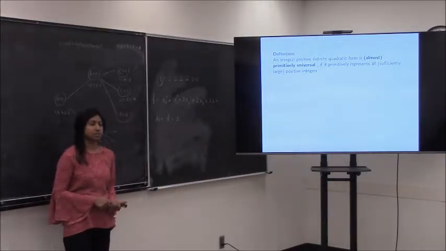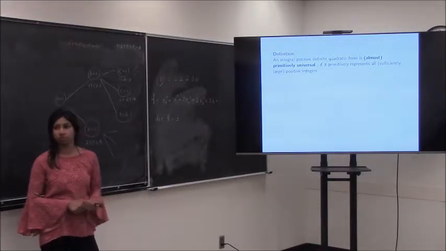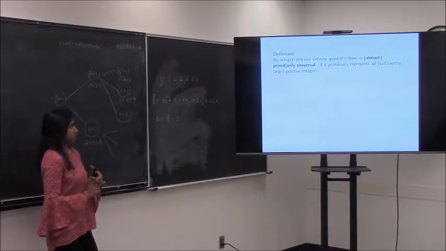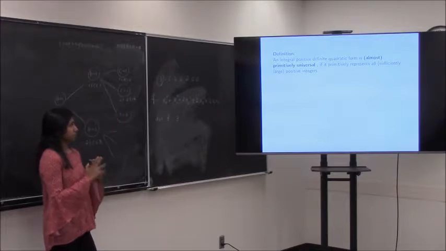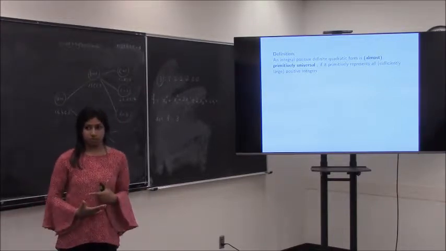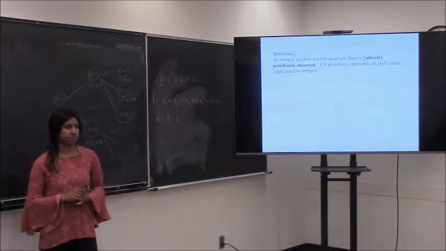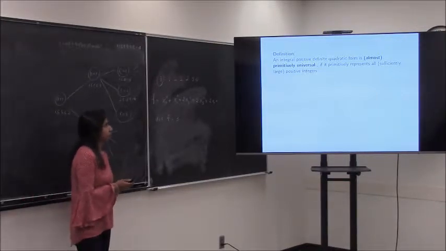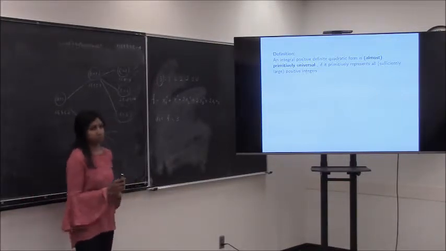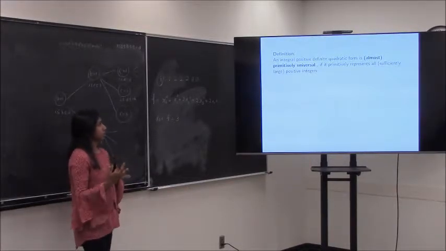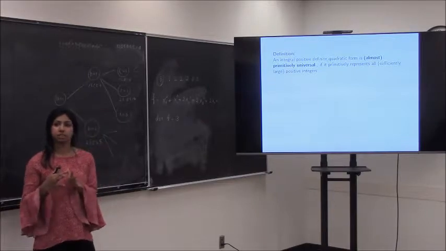Similarly, we can define primitive universal forms. When we have an integral positive definite quadratic form which primitively represents all positive integers, then we call that form primitively universal. And in the same way, we can define almost primitive universality when it represents all sufficiently large integers primitively.